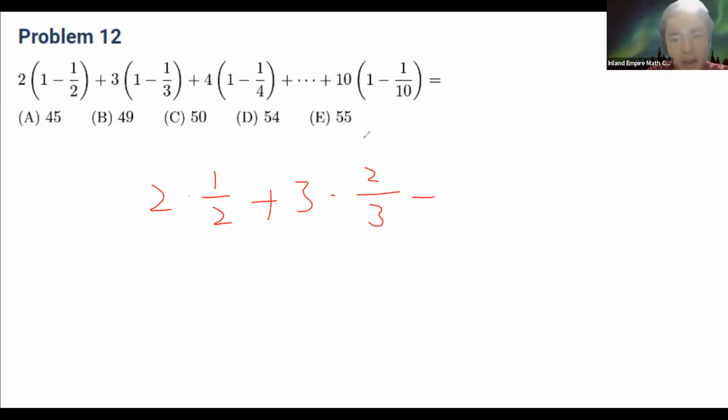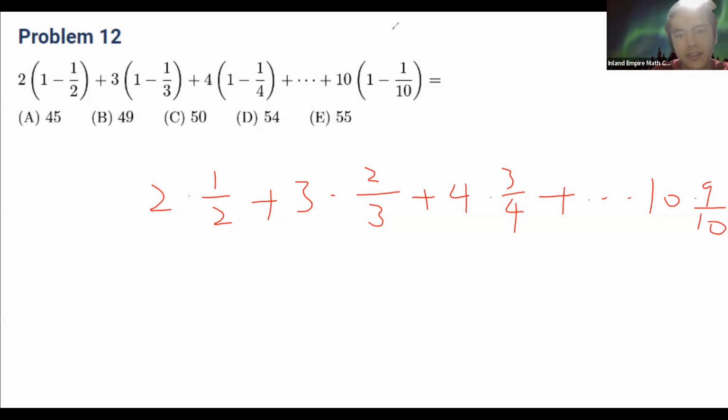And then you have 4 times 1 minus 1/4, so it's 3/4. And plus all the way to 10 times 1 minus 1/10, that's 10 times 9/10.